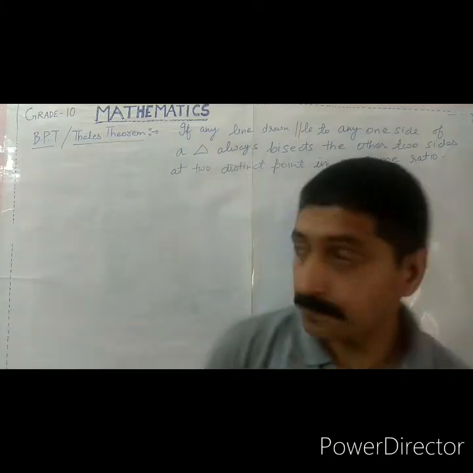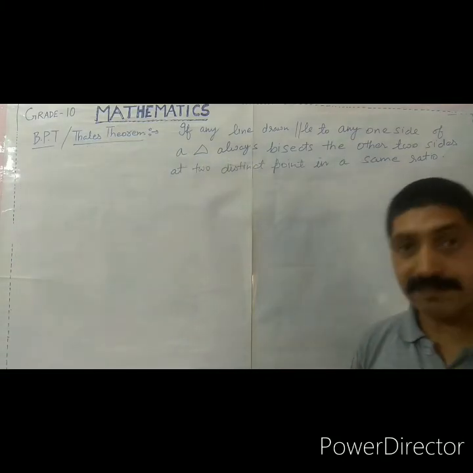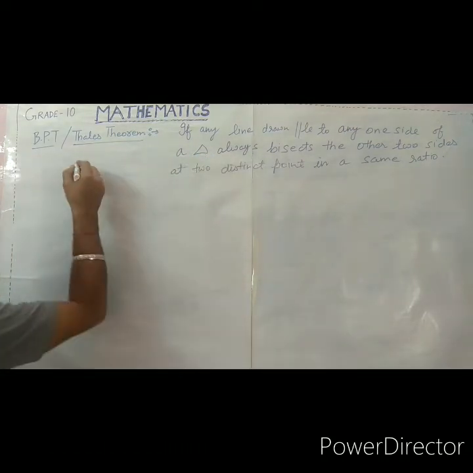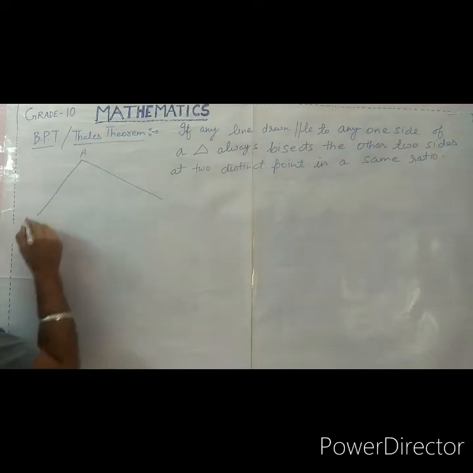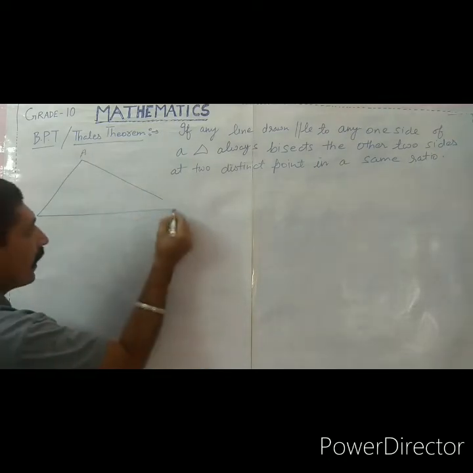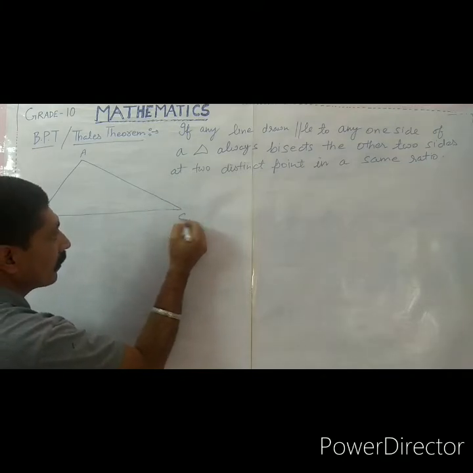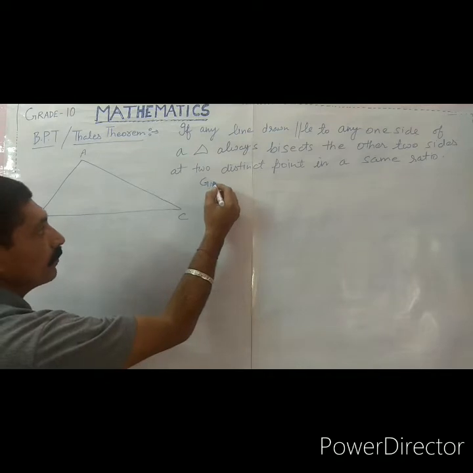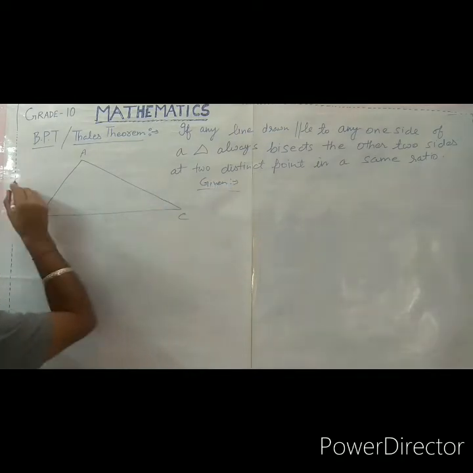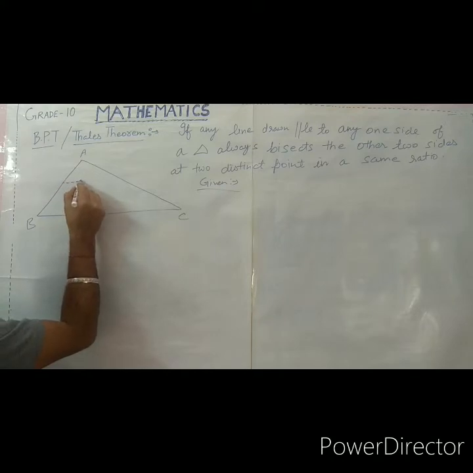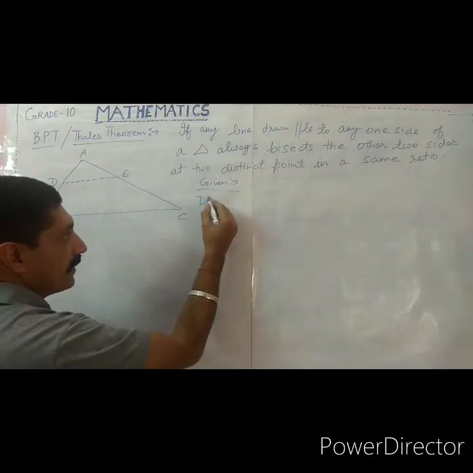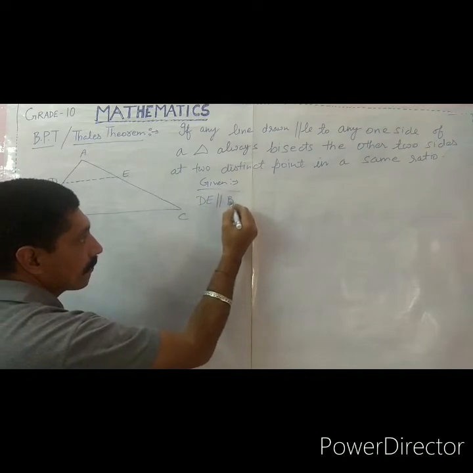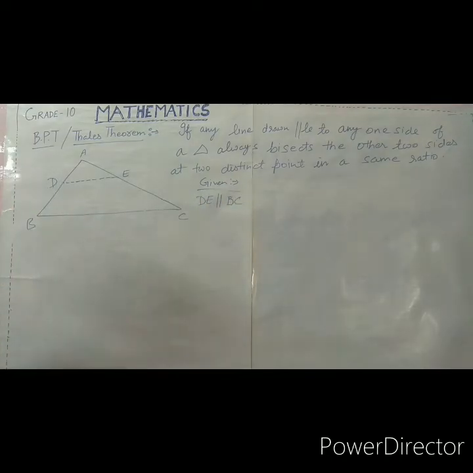So here first of all we will draw one triangle ABC. Here it is given that this line DE is parallel to the side BC.